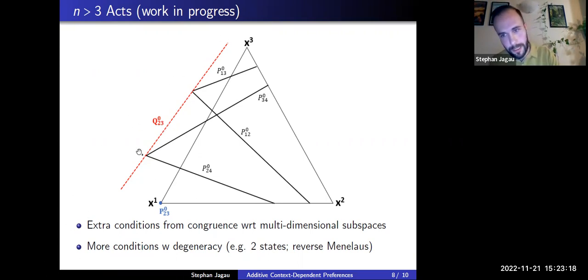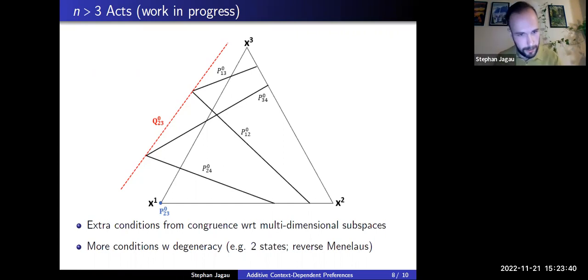In this case, my pseudo indifference points here would be entirely outside of the belief simplex. Now, if I put a directly observed indifference point here, I'm never going to be able to reconcile that indirect information with that direct information. So in some sense, that's a similar problem.